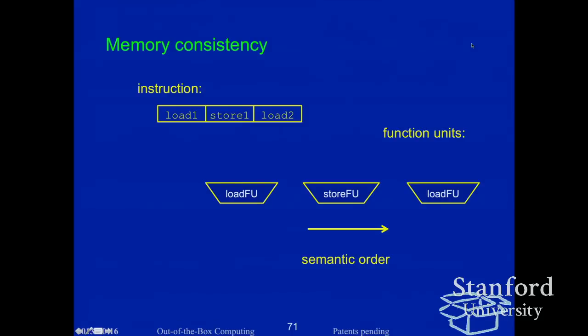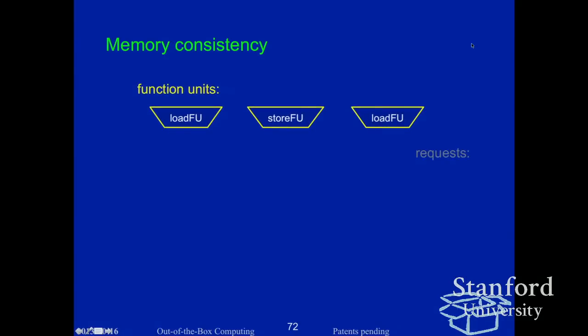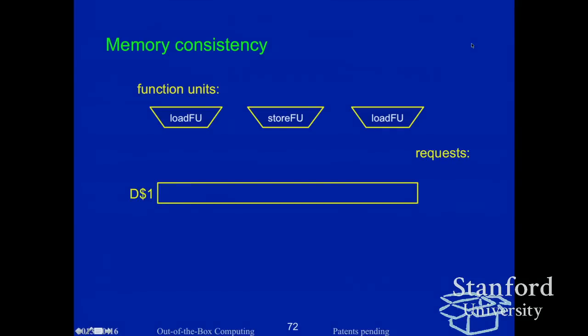In fact, physically, they may be running in parallel, but the visibility between units is ordered in that same semantic order. Those functional units issue requests. Those requests will wind up going down to cache, and a request defines a request order, which is also the same semantic order as from the beginning.